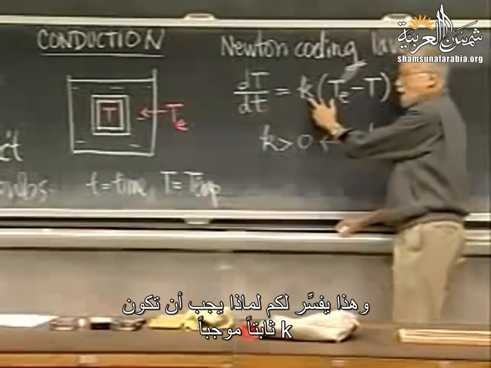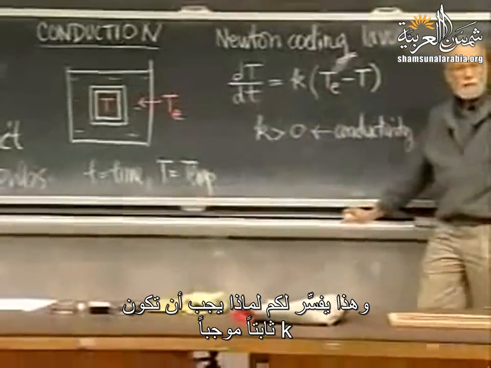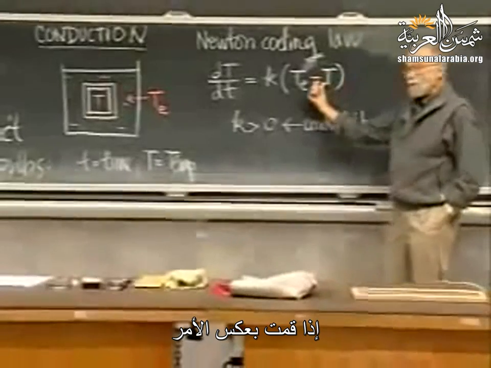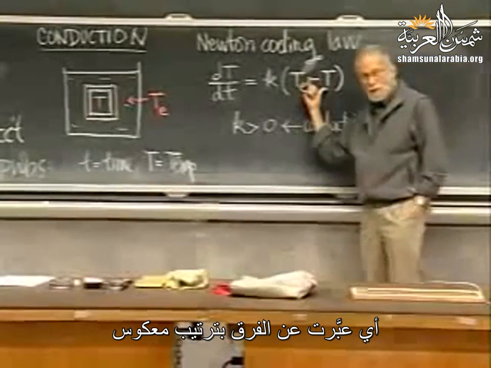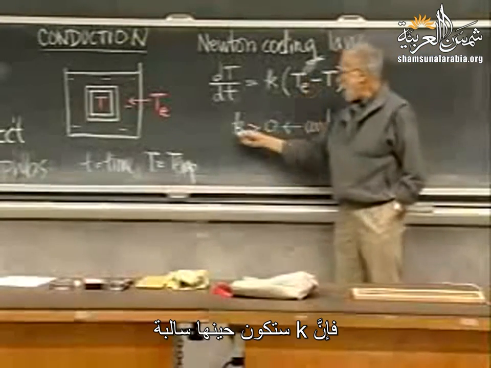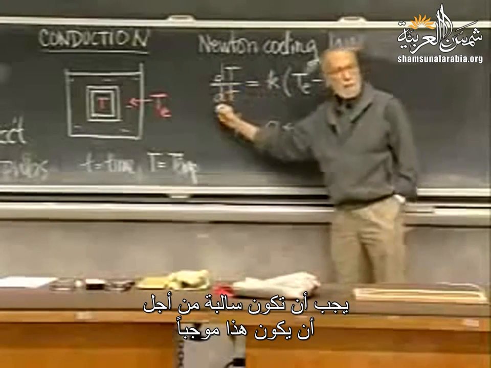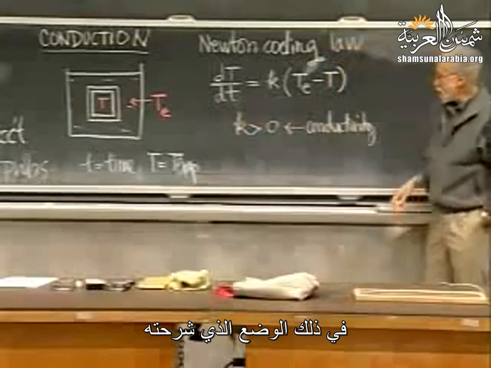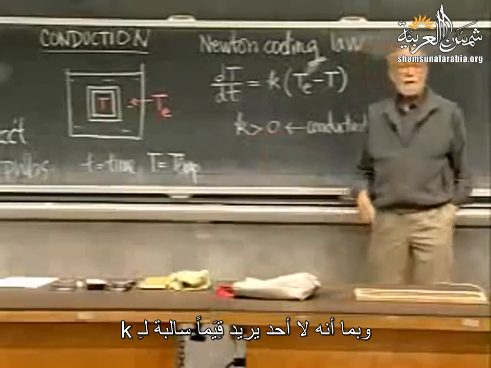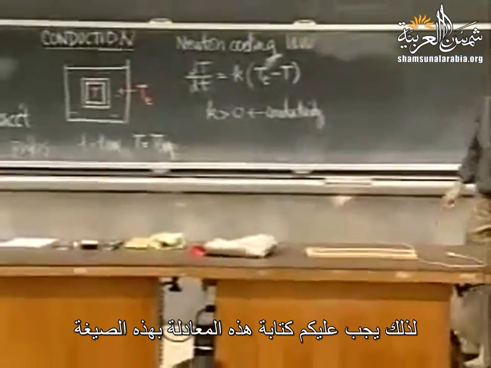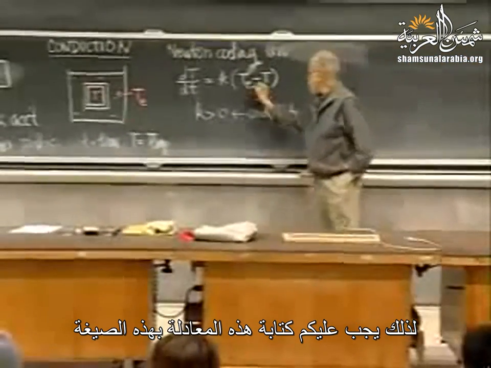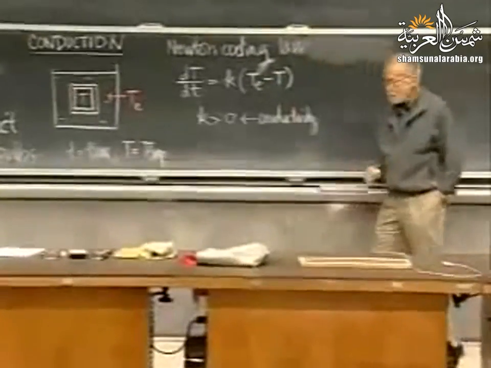And that tells you that K must be a positive constant. If I had expressed the difference in the reverse order, K would then have to be negative in order that this turn out to be positive in the situation I described. And since nobody wants negative values of K, you have to write the equation in this form rather than the other way around.